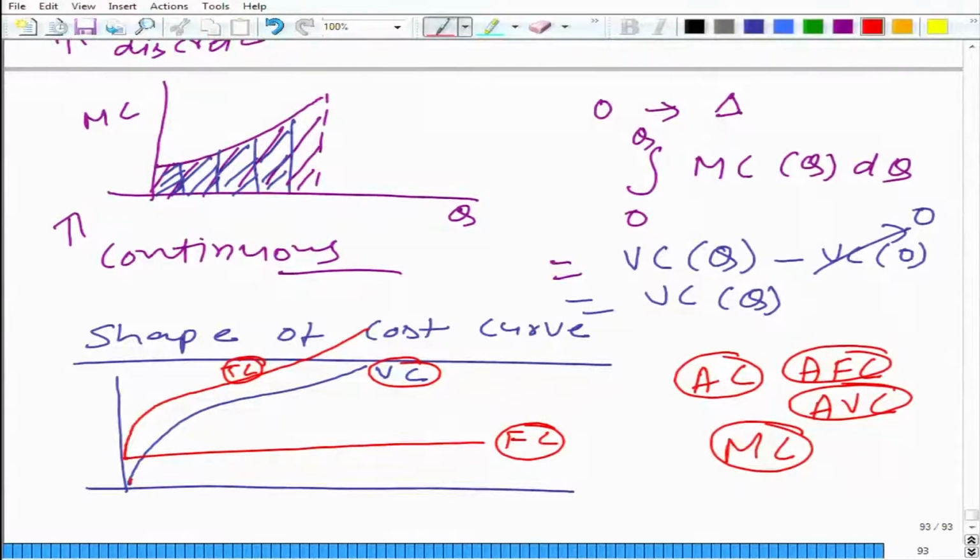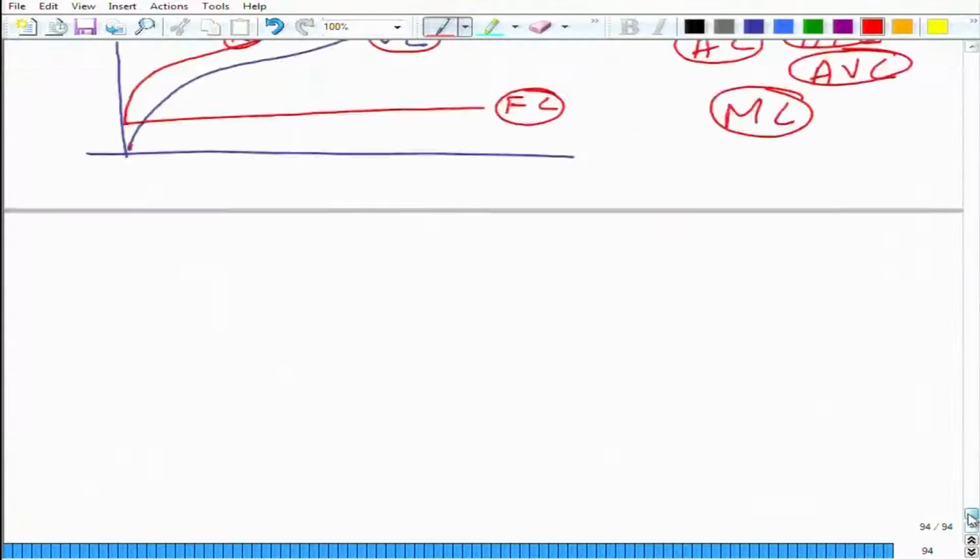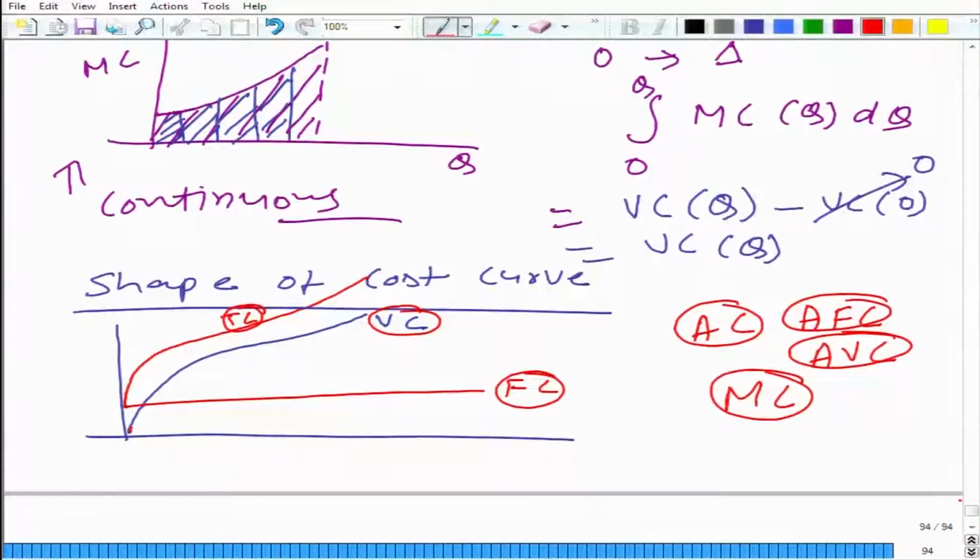Total 7 concepts we have learned. And on this graph here we have quantity. Now, let us look at all these concepts on this particular graph.